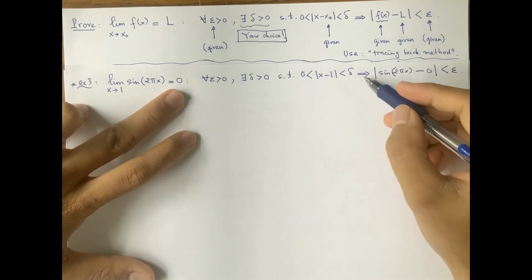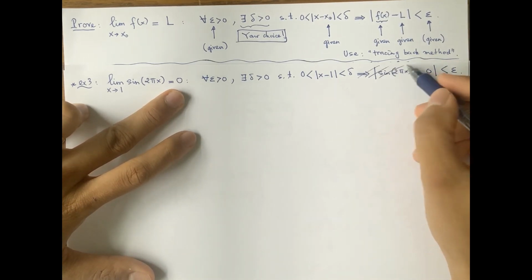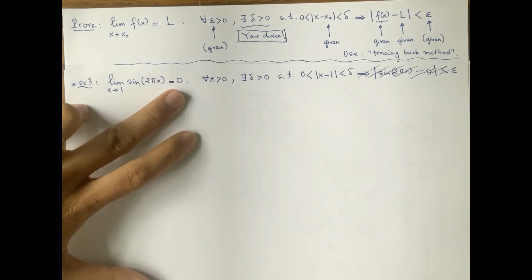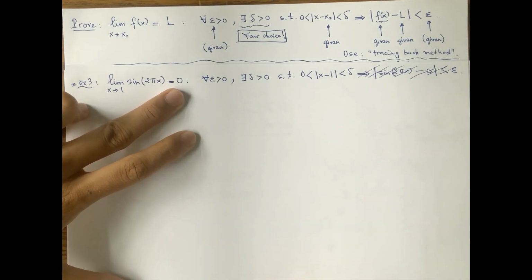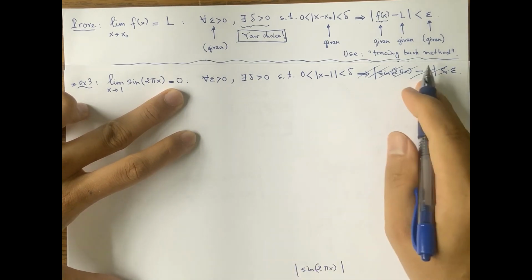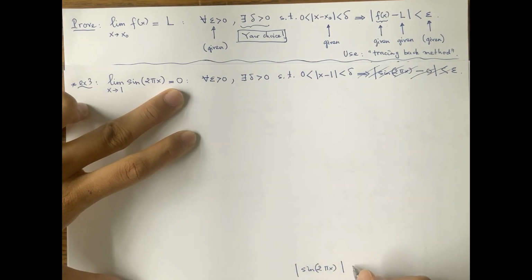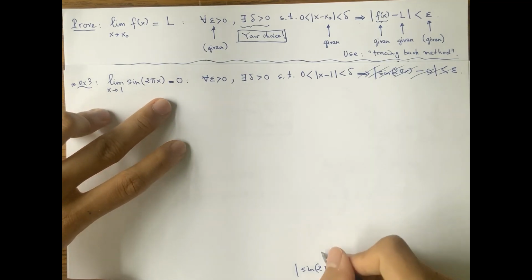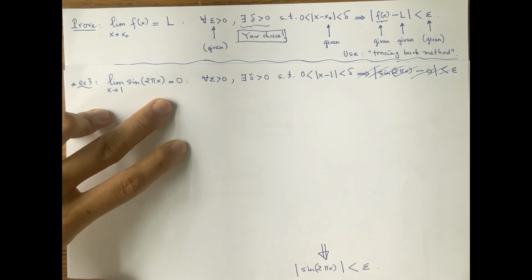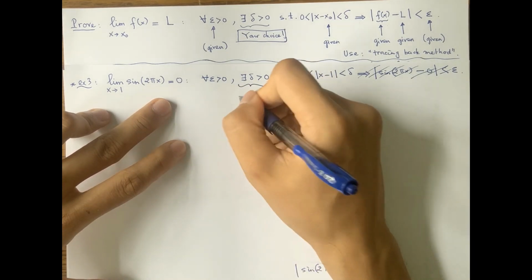Again, I'm going to pretend like this appears way down below. Alright, so let's write it here. Minus 0 means nothing, right? So less than epsilon. Alright, and we are going to work backward to be able to choose the delta.